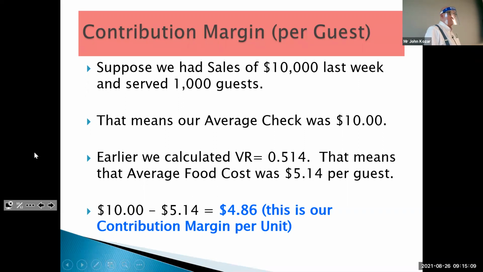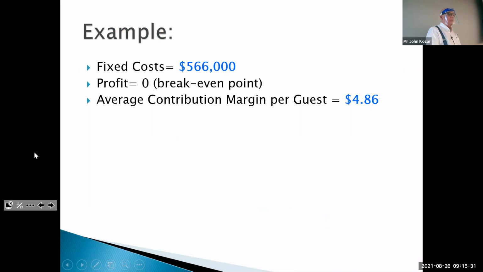And most of the time, the hardest thing you're going to have to do is divide your variable cost by sales and then subtract that from 1 to get your contribution rate. So for an example, our fixed cost, I think this is the case on the handout, $566,000.